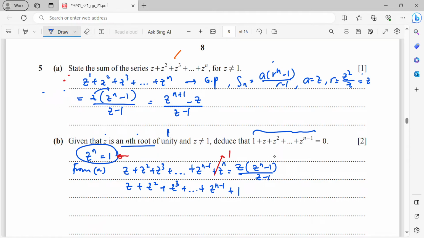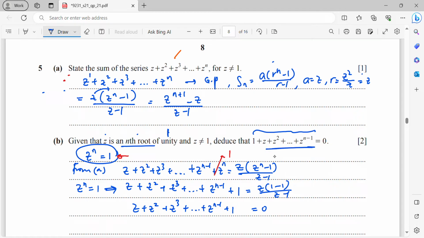Then from here, z^n equals to 1. Alright, so for the right hand side, I get (1 minus 1) over (z minus 1), which means now my right hand side is 0. Okay, so just rewrite all the terms on the left hand side. Now you need to prove this.